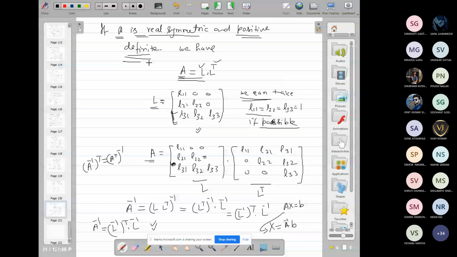So this is the advantage, and this method is known as the Cholesky method to find the inverse of a matrix. So this is the way.